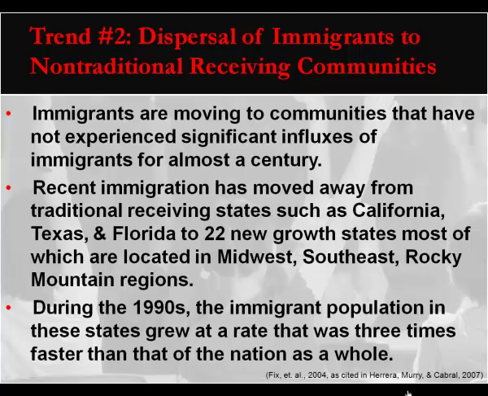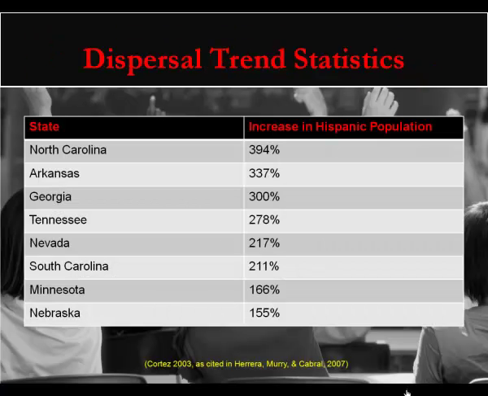Recent immigration has moved away from traditionally receiving states such as California, Texas, Florida, to 22 new growth states, most of which are located in the Midwest, Southeast, and Rocky Mountain regions. During the 1990s, the immigrant population in these states grew at a rate that was 3 times faster than that of the nation as a whole. Do these dispersal statistics surprise you?